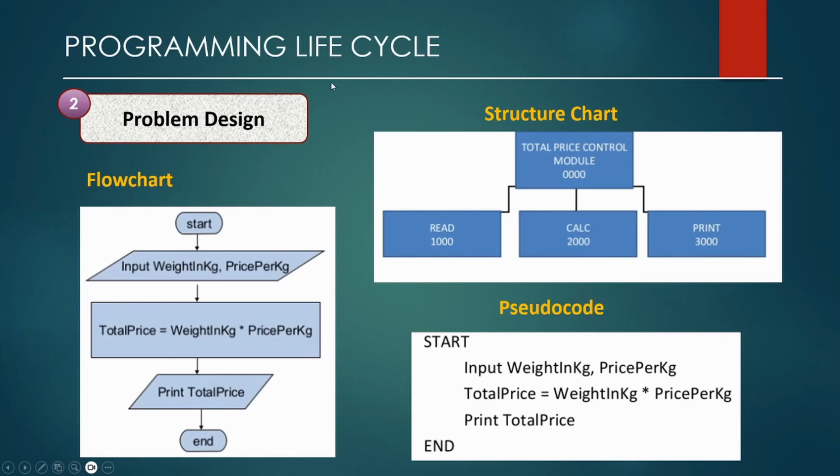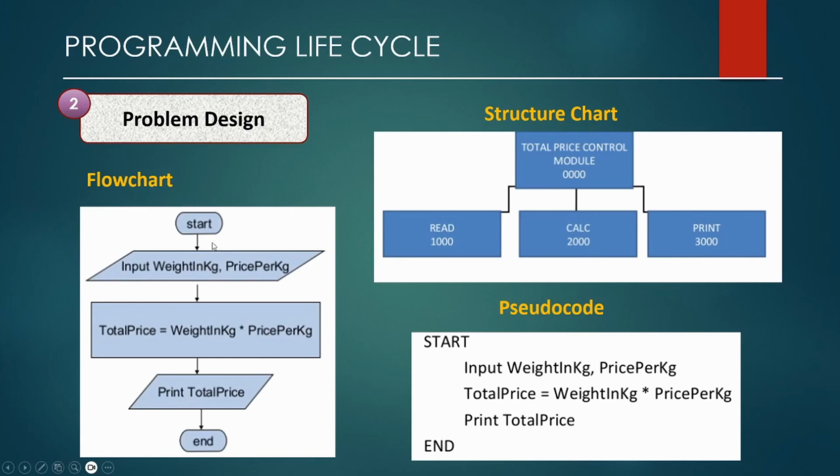So, the flowchart. It is an important diagram that we need to learn during our course. There are different types of shapes and sizes here that you need to learn, such as in the example.